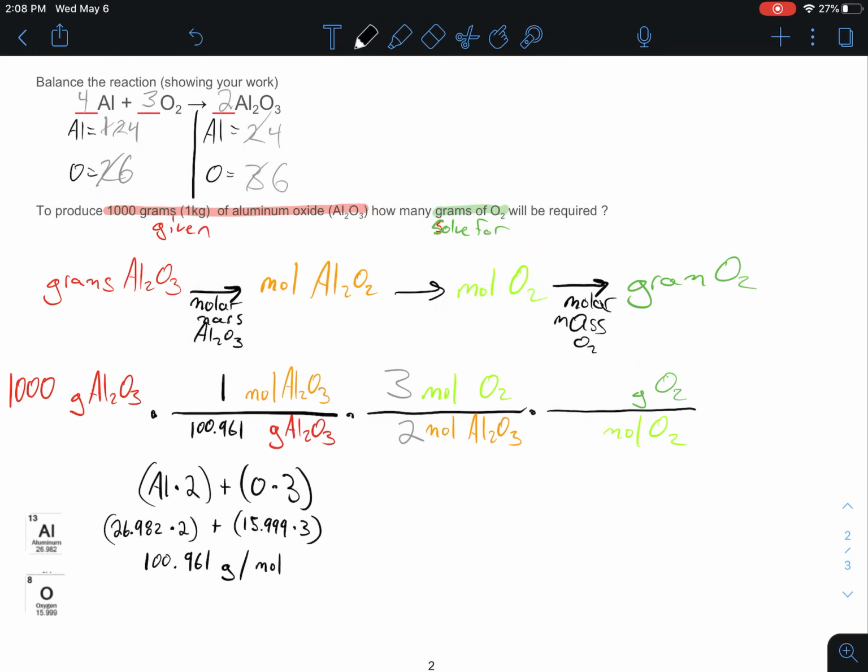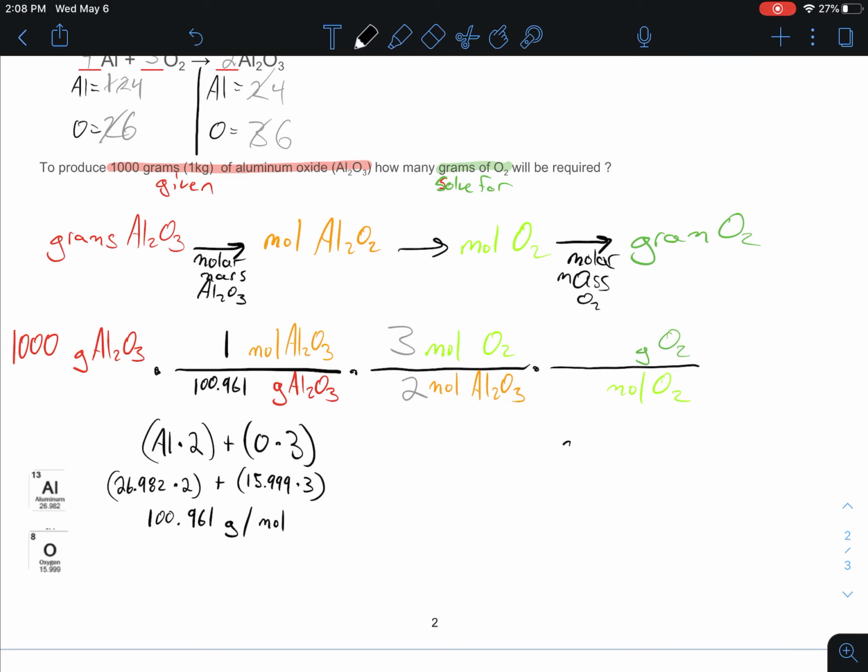All right, welcome back. That should have been oxygen times 2. Oxygen was 15.999 times 2 gives you 31.998 grams per mole, or grams per 1 mole. Which means I want the large number, the grams, up on the top.